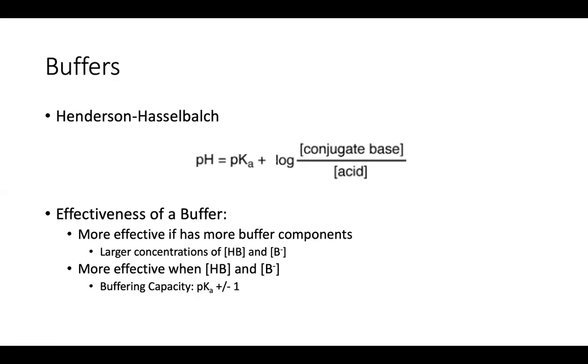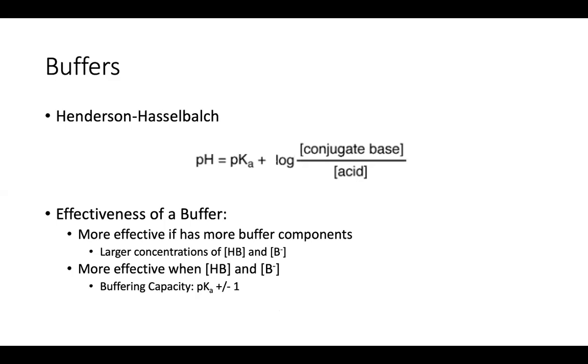But the big point to keep in mind, not that these other things aren't important, is buffering capacity, right? Each buffer is only really good at doing its job within a very narrow range, resisting pH changes. And we say that that range is equal to the pKa plus or minus 1.